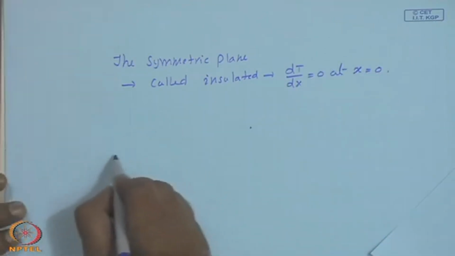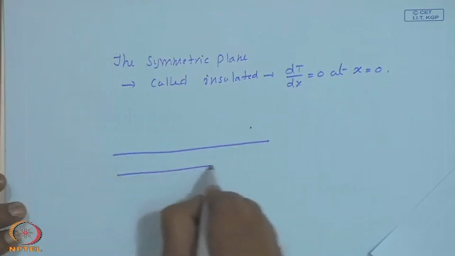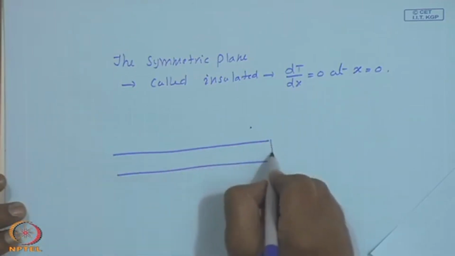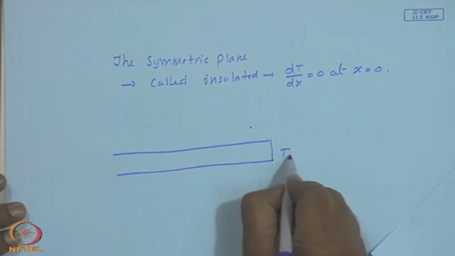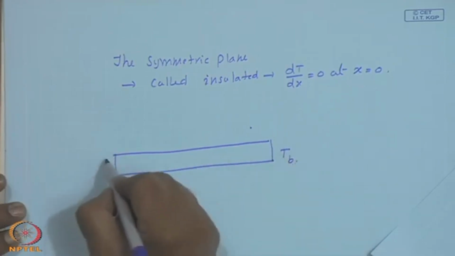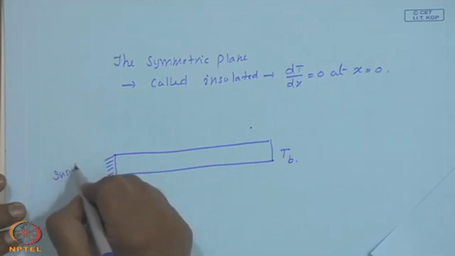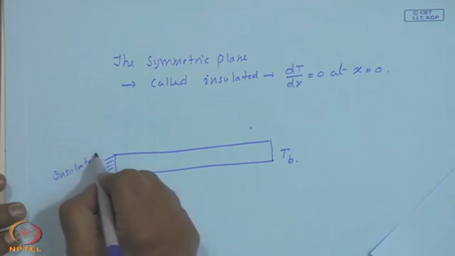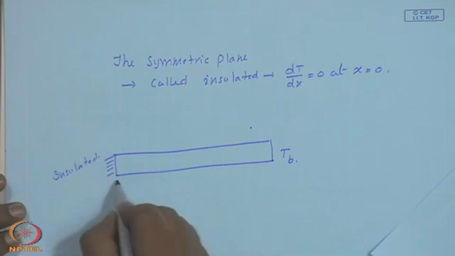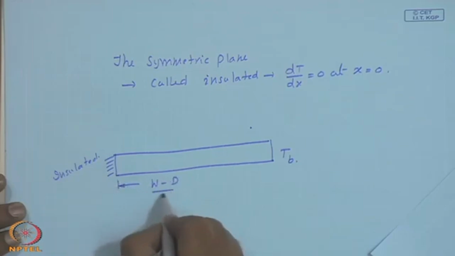So, if I just forget about the tube part, this is my base temperature T b, this is the insulated portion, or dT by dx equal to 0, and this is my W minus D by 2.